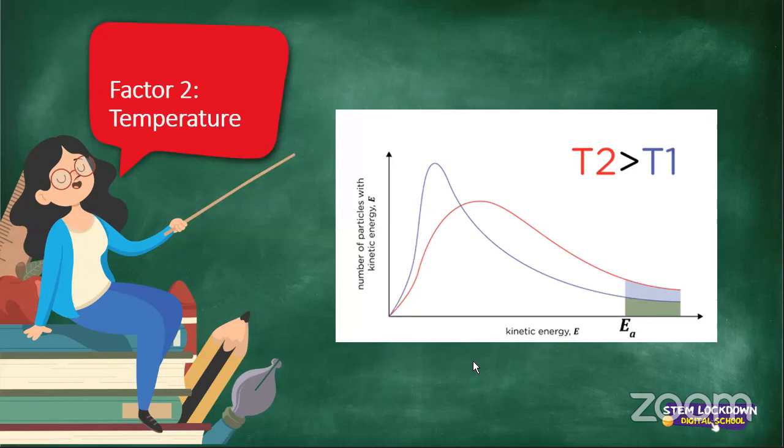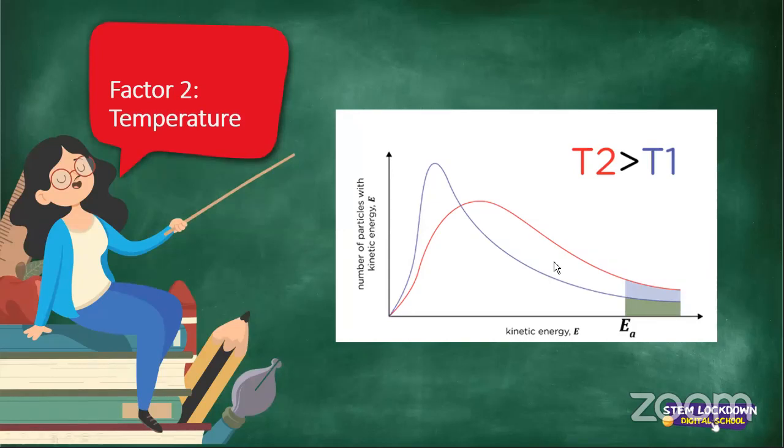And the way we show it on these Maxwell Boltzmann curves is if you look at this graph, the blue one is your original reaction, so without increasing the energy. When we increase the energy, you get the red curve.